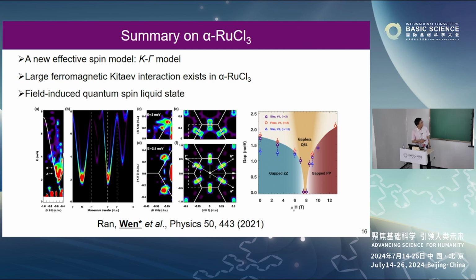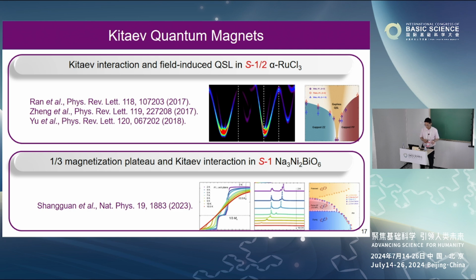And you indeed can have a very large ferromagnetic Kitaev interaction in a real material. And we can also use a magnetic field to induce a quantum liquid state. So all these are on effective spin-one-half systems.